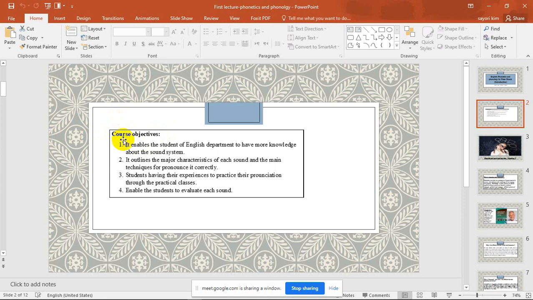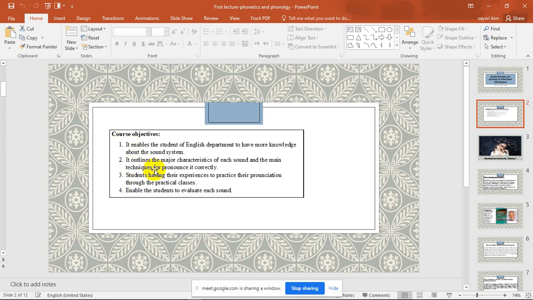So the semester objectives enable the students of the English department, who are you guys, to have more knowledge about the sound system. So one of the aims that we want to achieve by the end of this semester is to have some knowledge about the sound system.